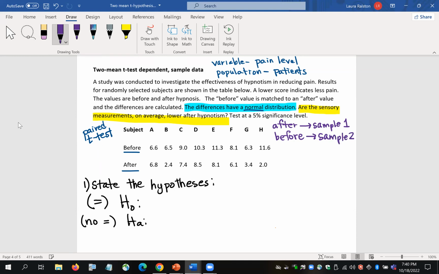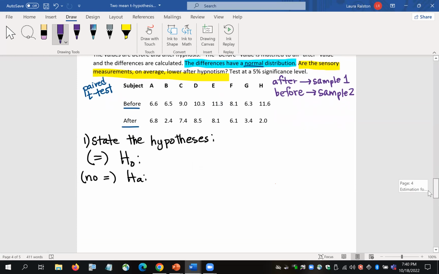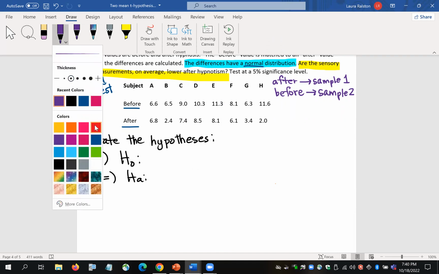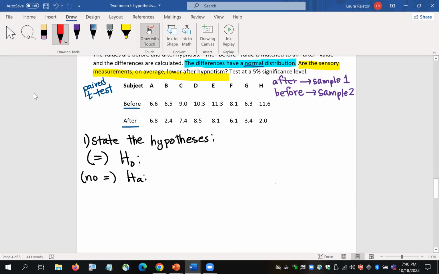Now, it may not always be that way, guys. You've got to pay attention to the verbiage and the words. It is so important that you read these problems word for word for word. Okay? So this says, are the sensory measurements on average lower? The word lower mathematically makes me think of less than, and if it's less than, that means this is the alternative.